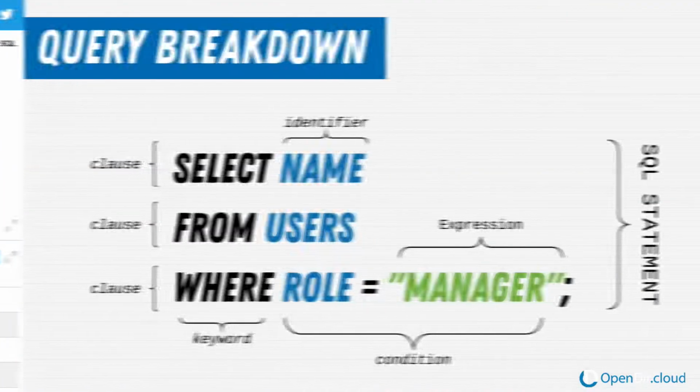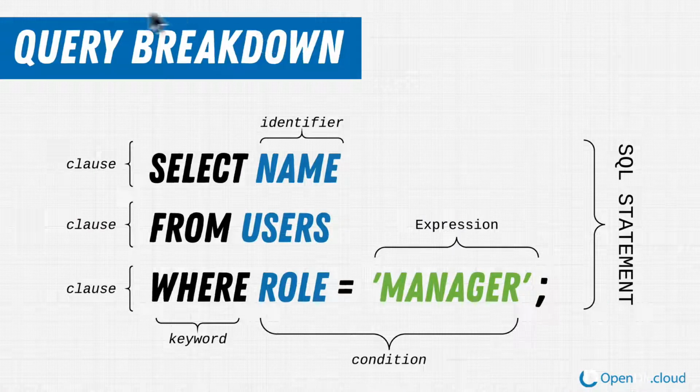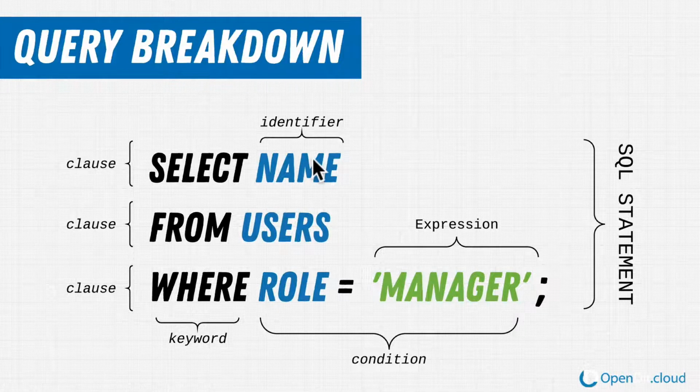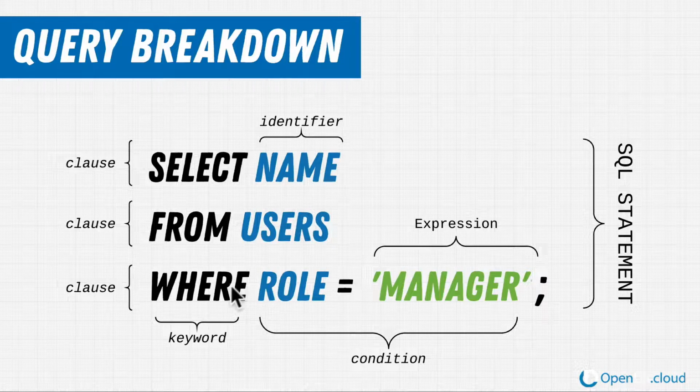So let's hop back into the slides and check out what a breakdown of a query looks like. Here, we've expanded the query a bit because we want to break down something a little more complicated. So let's say we did select name, so select the user's name from our data source, users in the database, where role is equal to manager. So this is new, right?